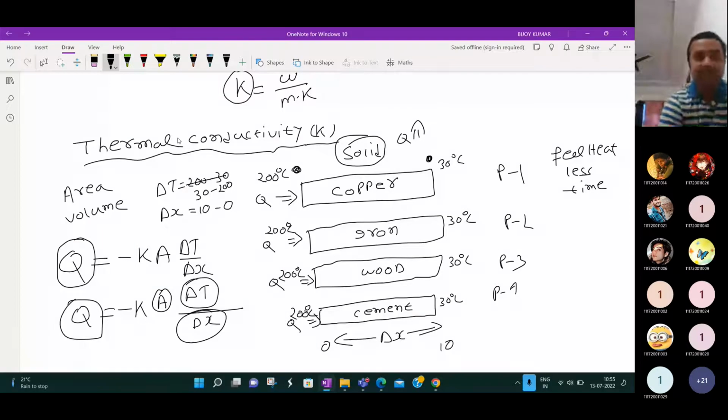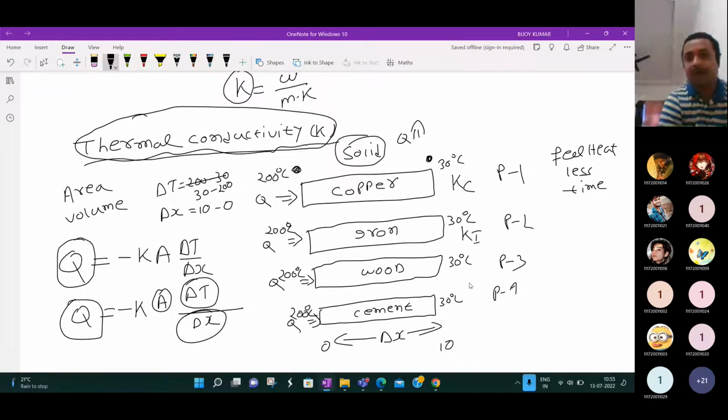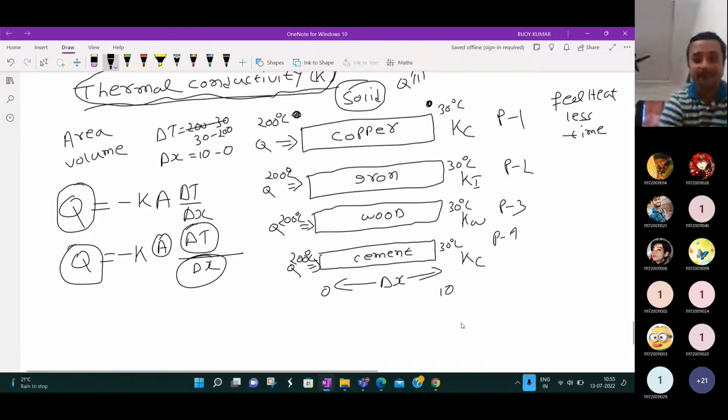K is the thermal conductivity. The thermal conductivity value for copper, iron, wood, and cement is different for all these materials. The thermal conductivity of copper is higher, then iron is less, then wood is much less, and cement is much less.